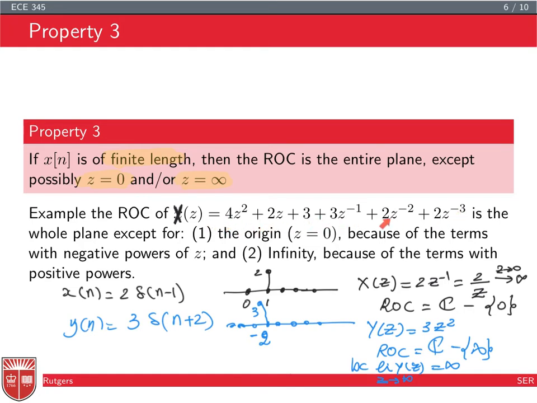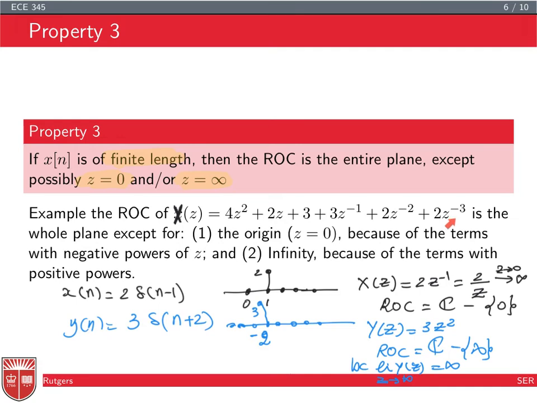The actual values do not matter, but you can see that this is a double-sided signal, and it's finite length. So it's going to always converge for any value of z except the two problematic values.